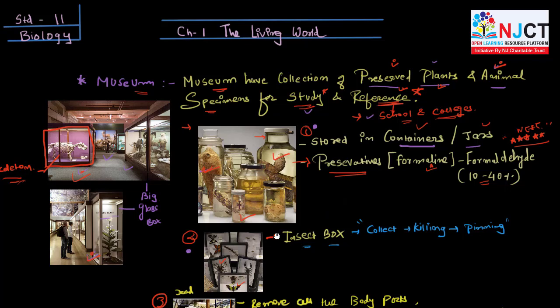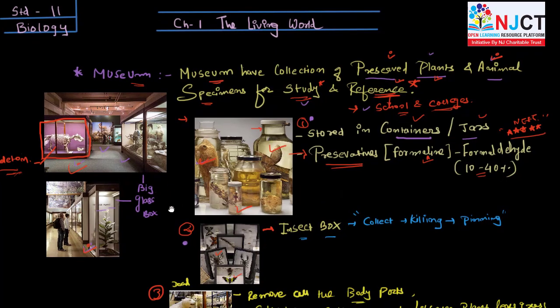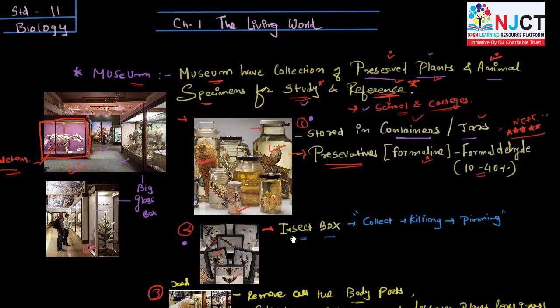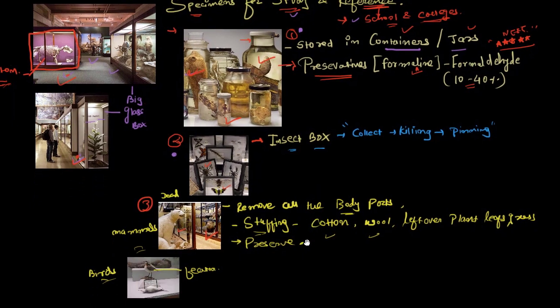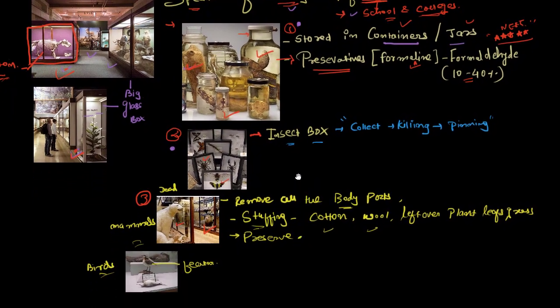How are you going to store them? In a big glass box, or if it is a small animal, in a container or jars with preservatives. What is the preservative? Formaldehyde. Very important for your exams, I say. How are you going to store insects? In an insect box. You are collecting, killing and pinning them, right?